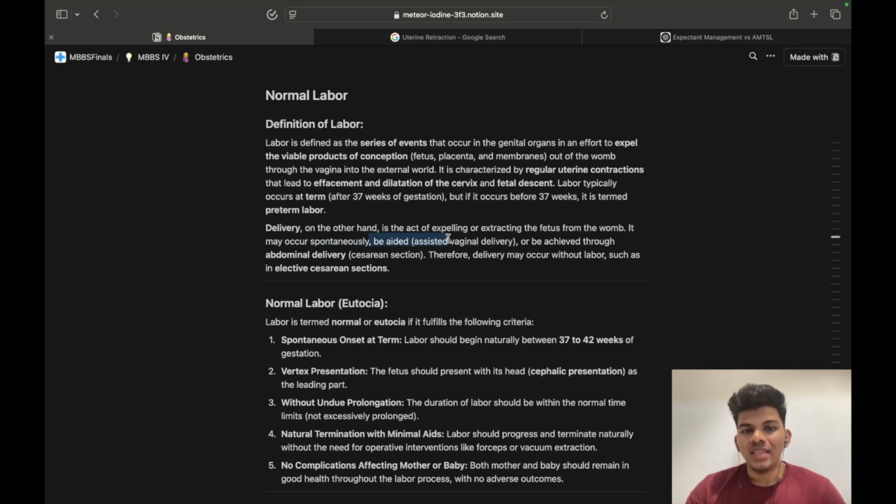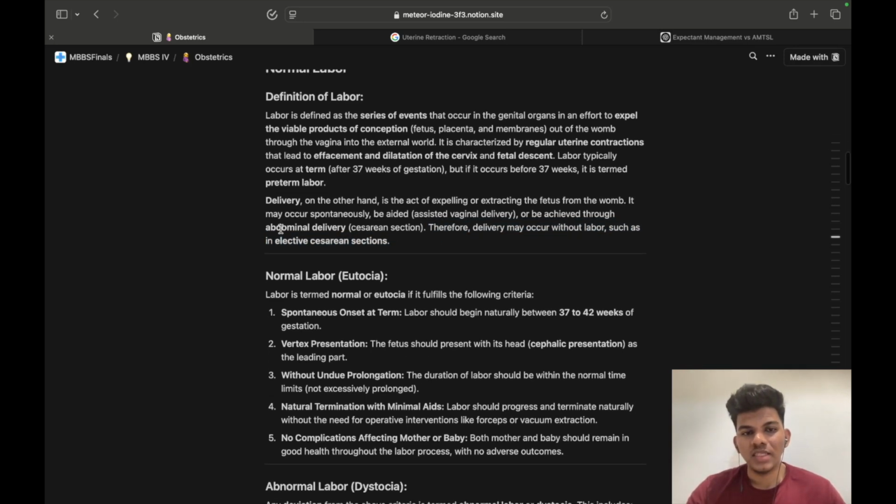If it requires some kind of intervention, there is assisted vaginal delivery. Or when you want it to happen through the abdomen by surgical incision, you do the C-section. Therefore a delivery may occur without labor, such as in elective cesarean section. So this one makes sense.